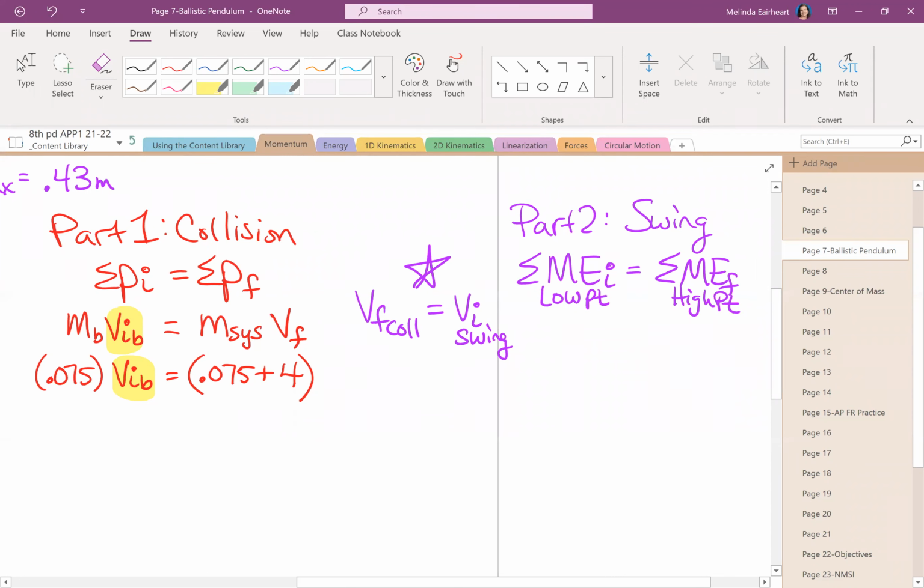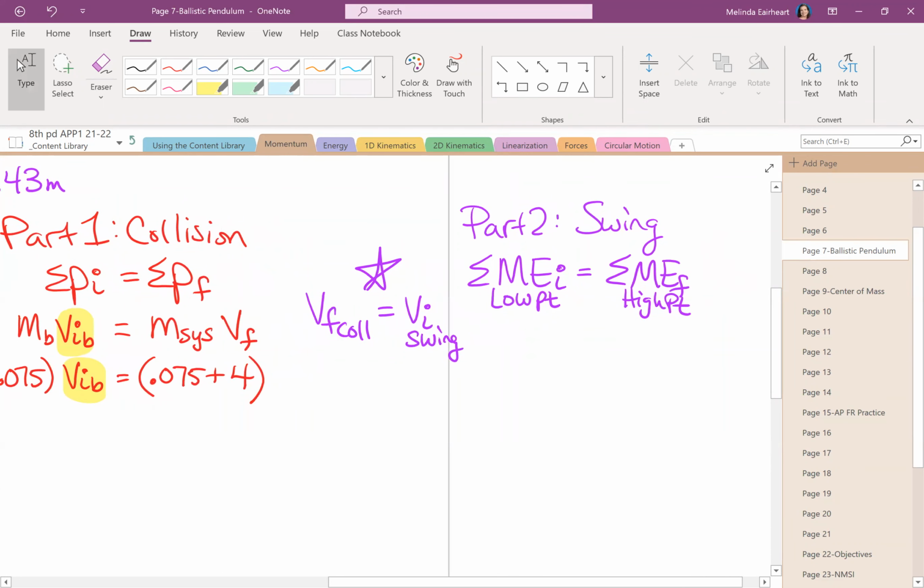And so at the low point, what kind of mechanical energy does our system have? At your low point, kinetic. And so we've got kinetic energy initially, and it's of the system. This is after the collision. We're already embedded, and it's going to swing up, split second, stop. So where'd all that kinetic energy go?